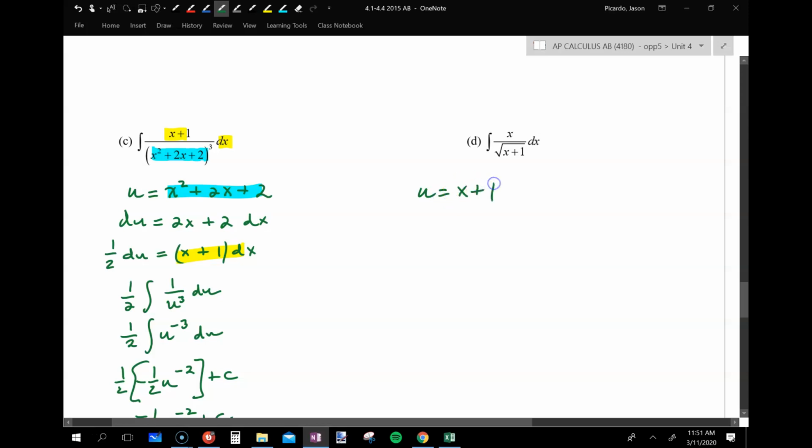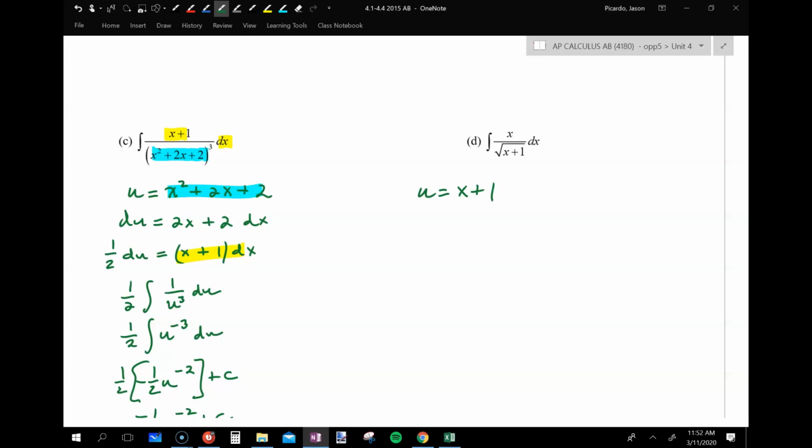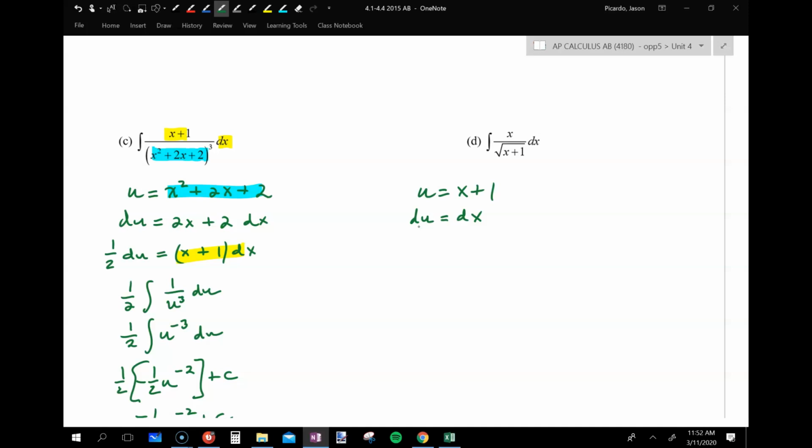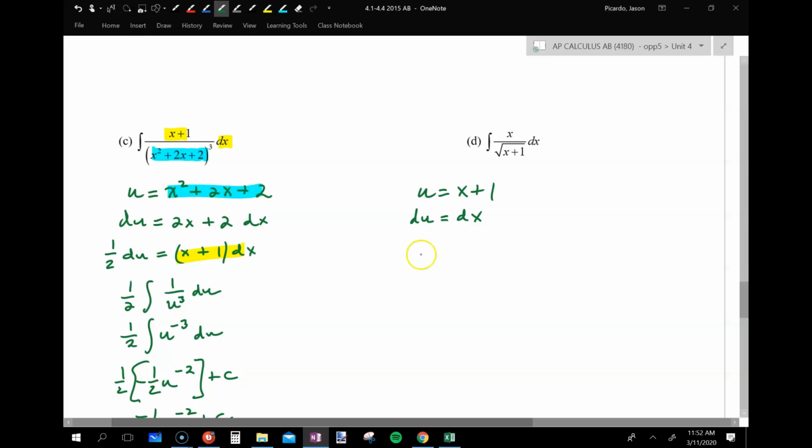Yeah. I mean, that would be what I would certainly think when I look at this. Probably going to be a U sub, probably going to have to use x plus 1. And we get du equals dx. What's the issue? We can't get rid of the x, right? Until a superhero came along and said, if this is true, then that must be true, right?